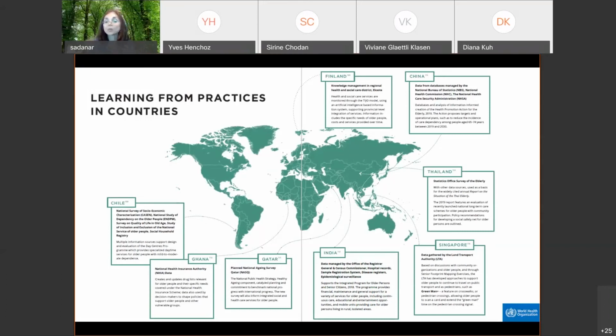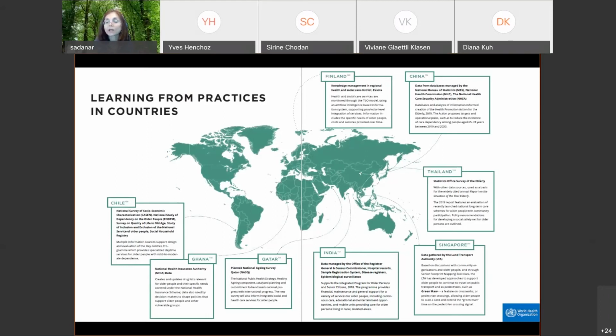And with the ministries of health, we did an in-depth analysis of what is the range of existing data, not only on health, but from multiple sectors, and how is this data actually being used to make decisions? Fascinating also for each country, because many of the groups didn't know about the data from other sectors.